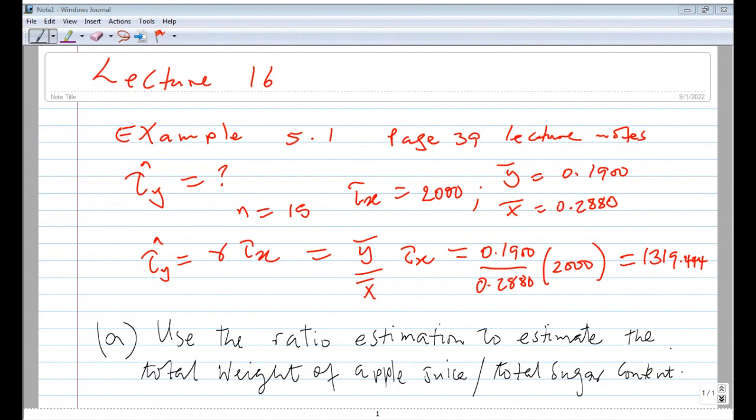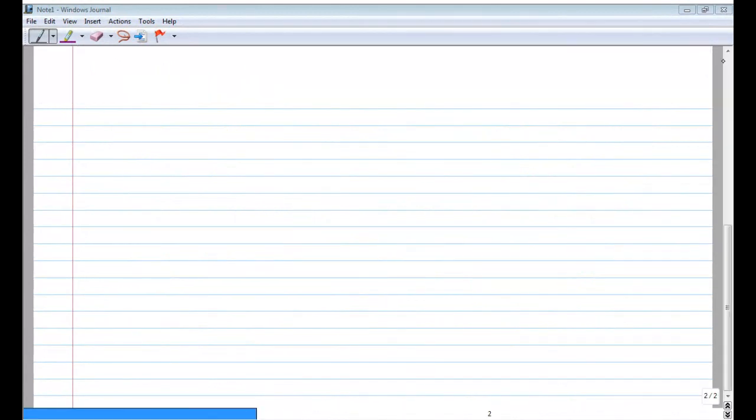That's number one: use ratio estimation to estimate the total weight of apple juice or total sugar content, which is tau y. So you need to find this. That's question number one.